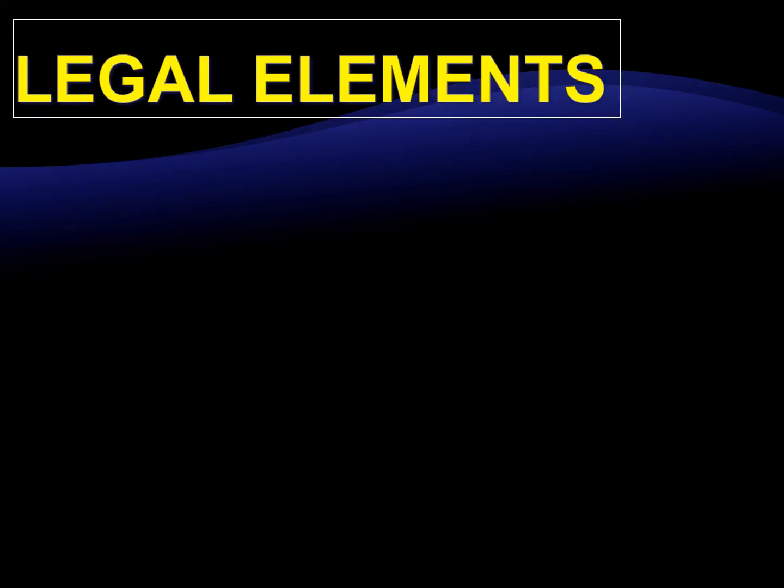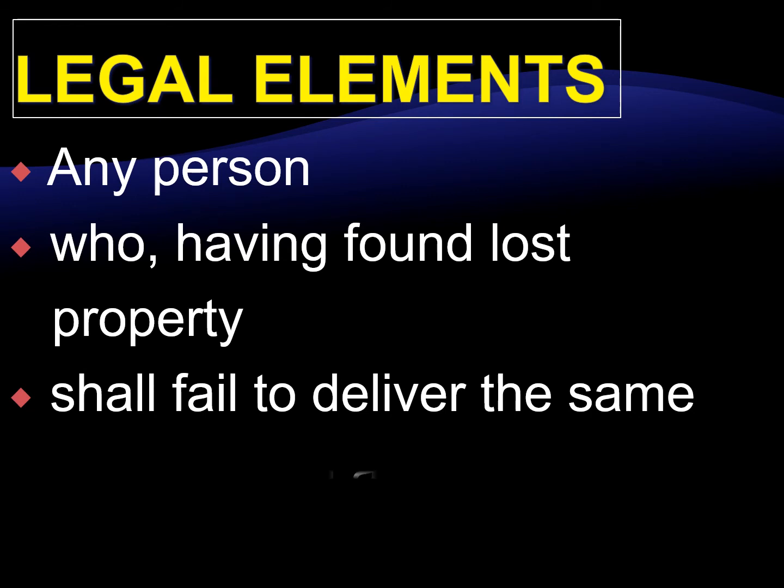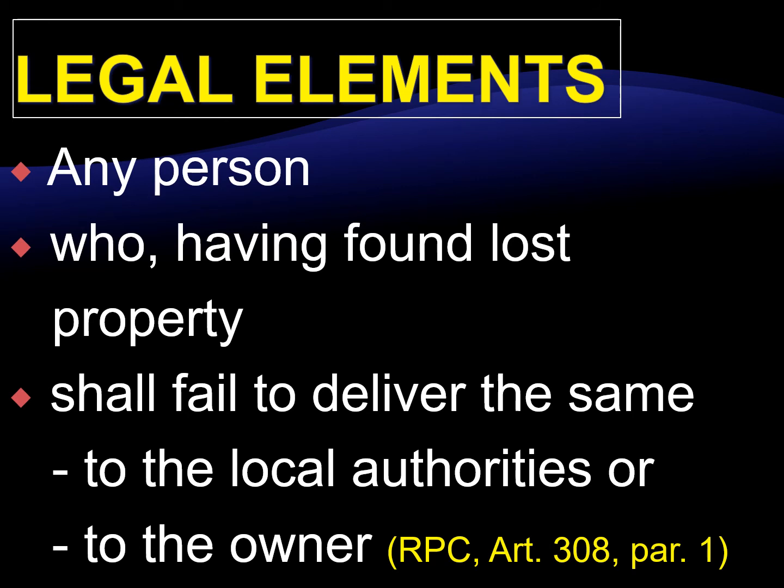So, what are the legal elements? Any person who, having found lost property, shall fail to deliver the same to the local authorities or to the owner is guilty of theft. Notice that's Article 308 of the Revised Penal Code.